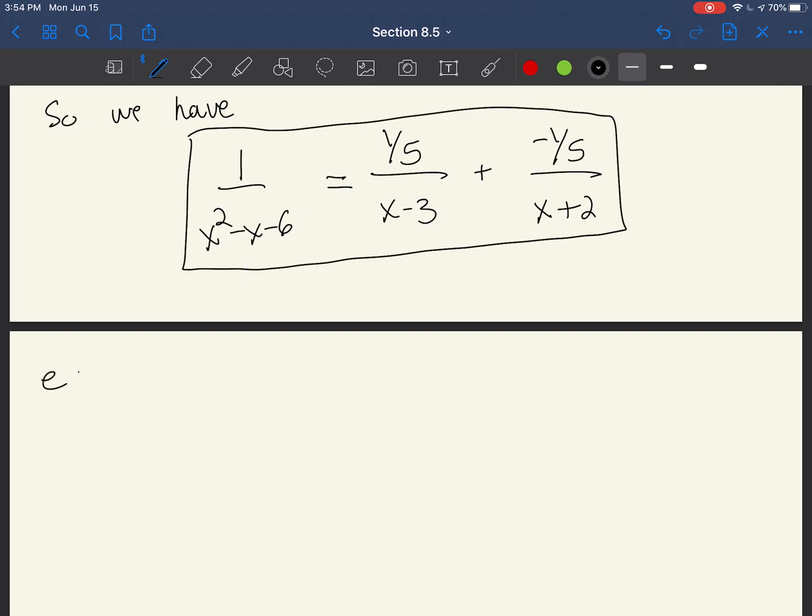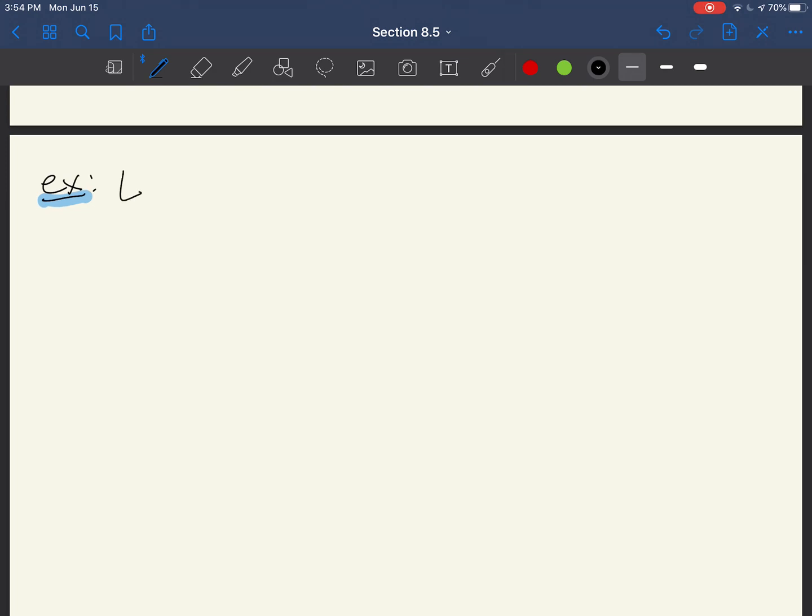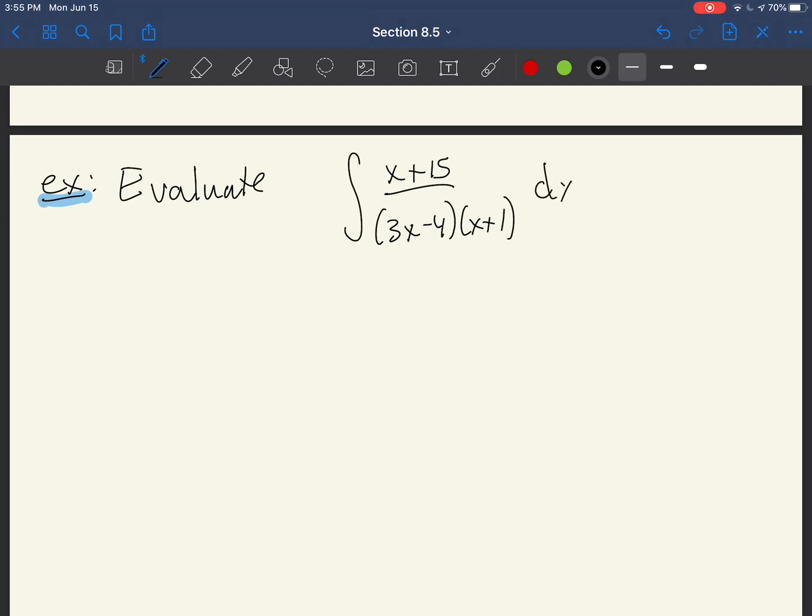Okay, so now that we've seen an example of partial fractions in action, let's do an example where we actually integrate something. Go back to some calculus. All right, so evaluate the integral of x plus 15 divided by 3x minus 4 times x plus 1 dx.